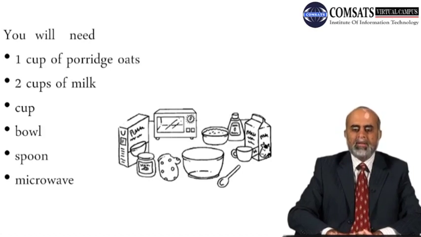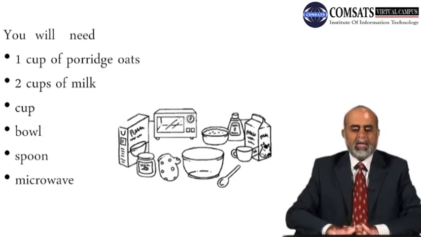It's a good idea to give pictures along with these objects because for example, look at porridge oats, you might not know what oats are. So it's better to give a picture so that the people who don't have a lot of knowledge or who have limited knowledge, even they can understand it.